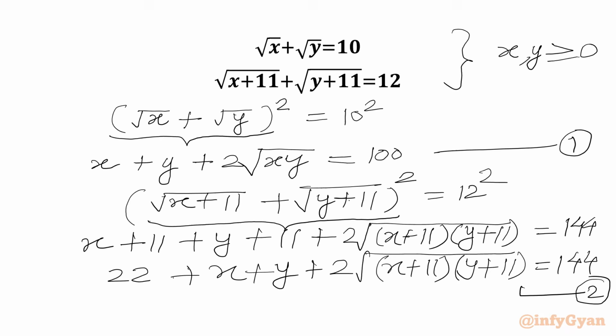Now we have x plus y in equation 1 and x plus y is there in equation 2. So we will subtract first equation from second equation. x plus y will be cancelled out. So I will write here equation 2 minus equation 1.